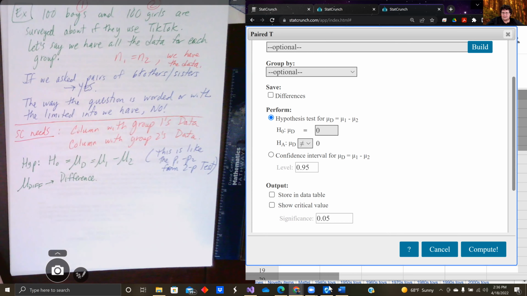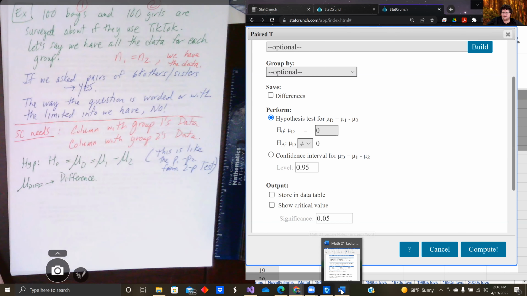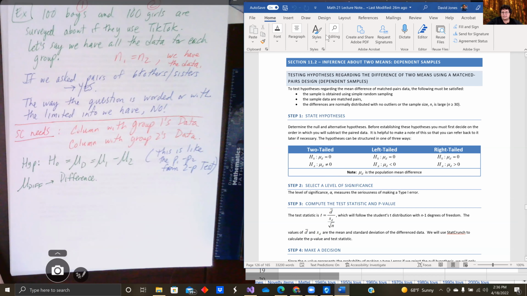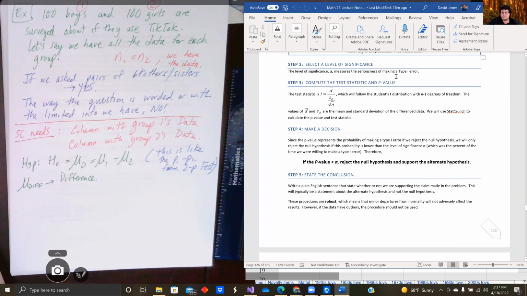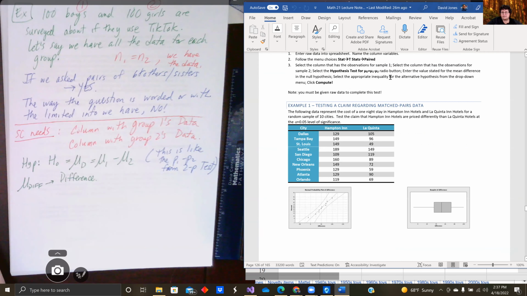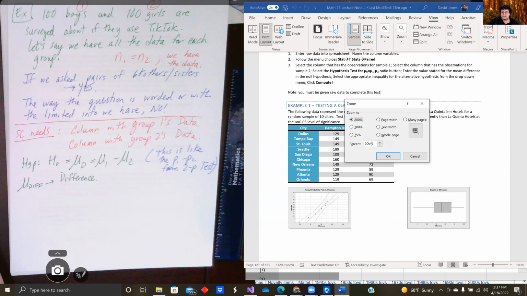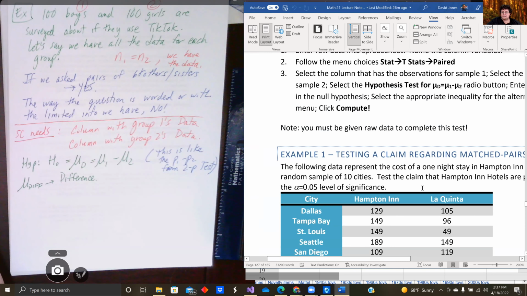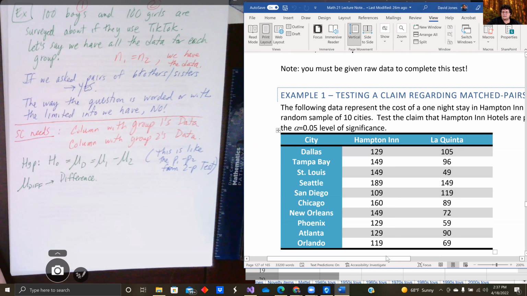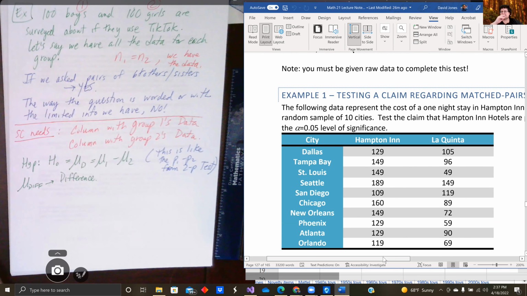I'm going to come over here. I got the lecture notes loaded up from the file section. And let's see. We'll do this group right here. Can you zoom in? So this says the following data represents the city cost of a one-night stay in Hampton versus La Quinta.